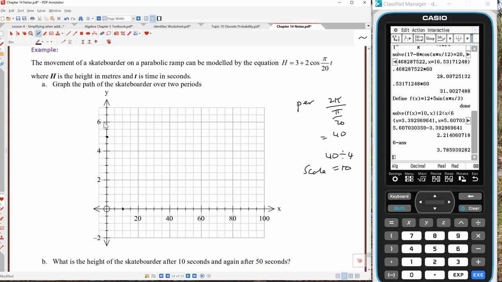Okay, so it's cosine, so cosine starts high, so that's going to start at 5. What it will do then is dip down to the mean line, which is at 3. Then at 20, it'll be at its lowest point. So that's going to be at 1.